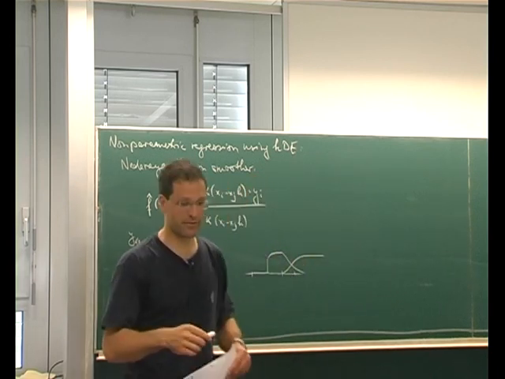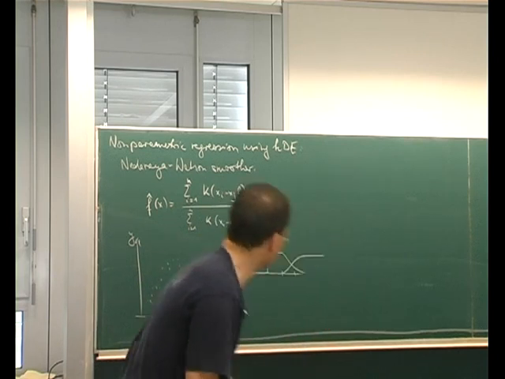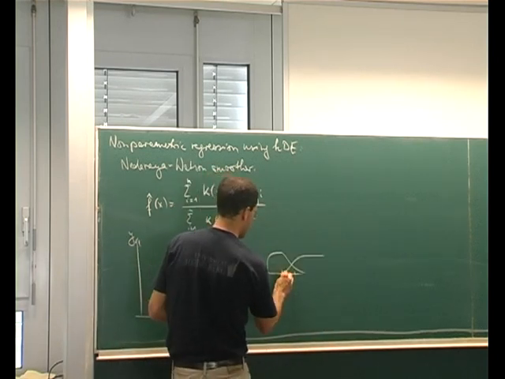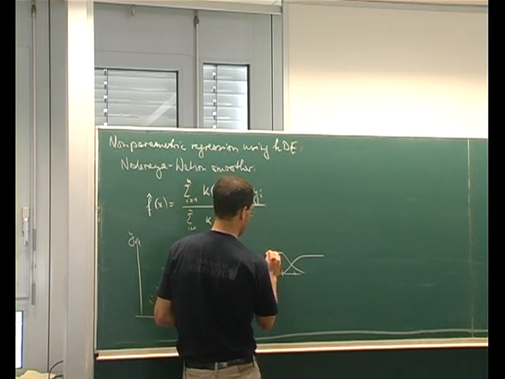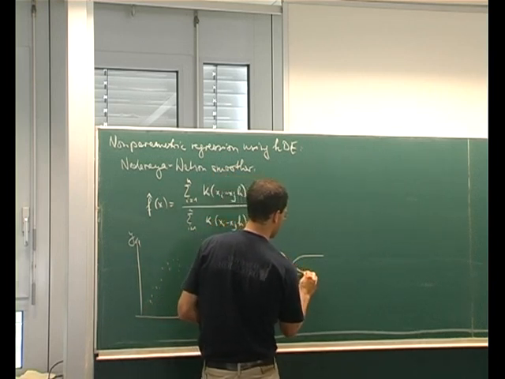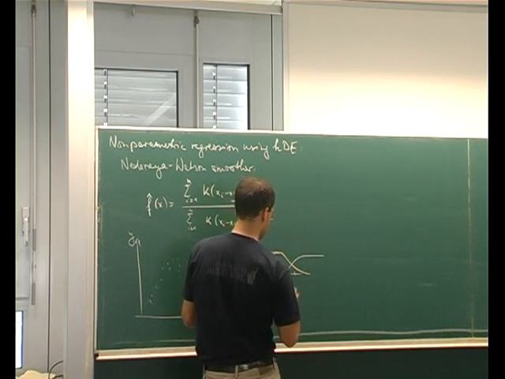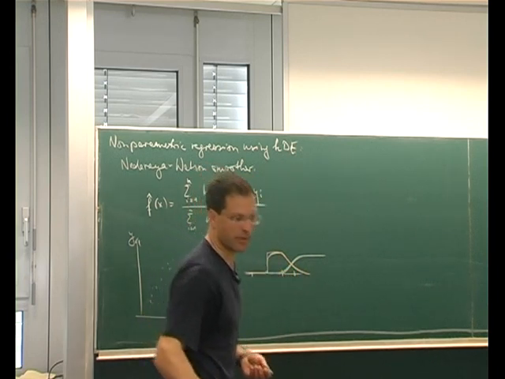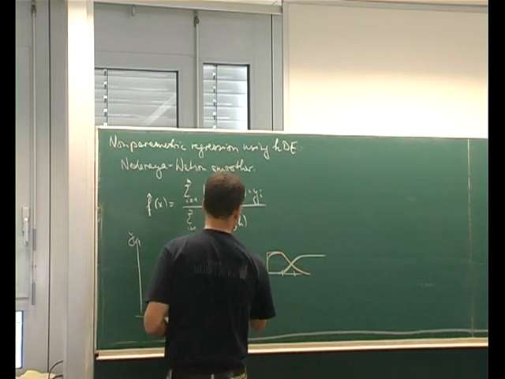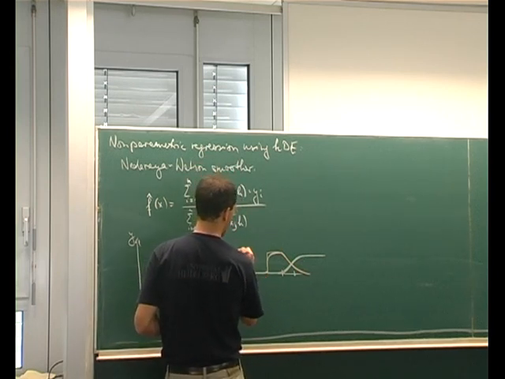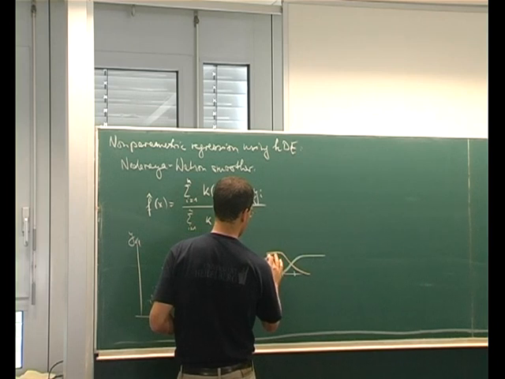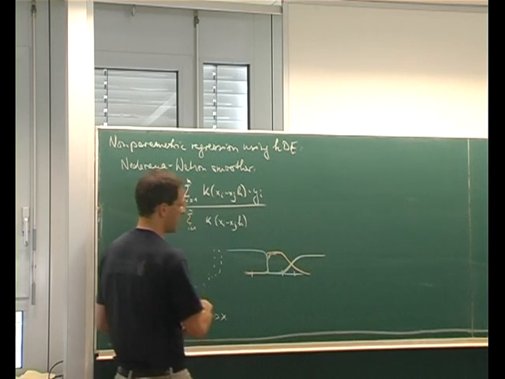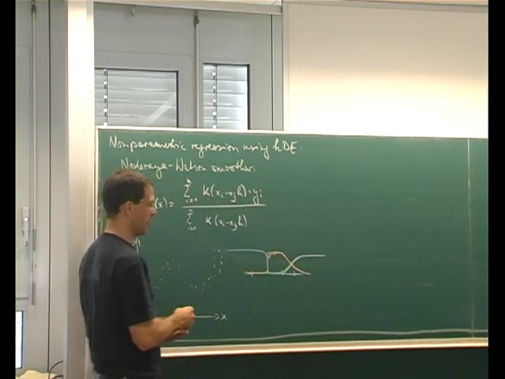I should have used different colors here. So I'm now showing qualitatively the weight functions for these 3 points. At each position, they sum up to 1.